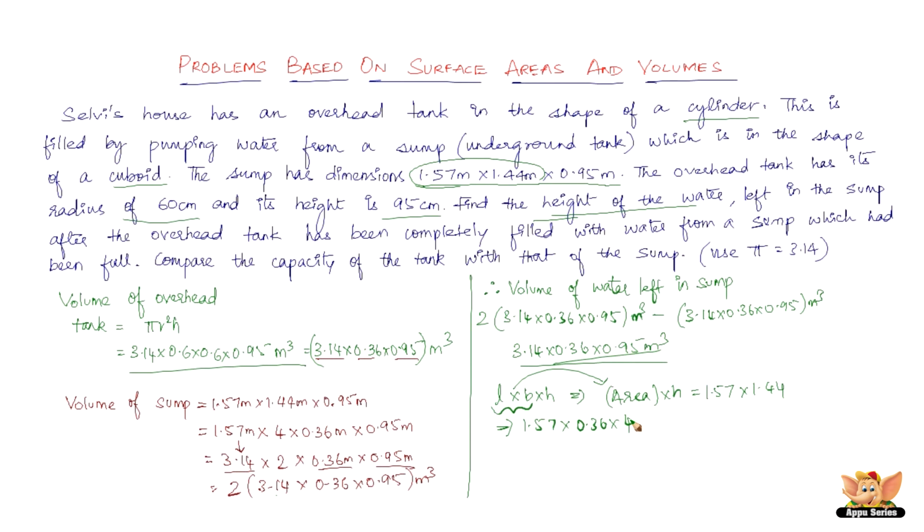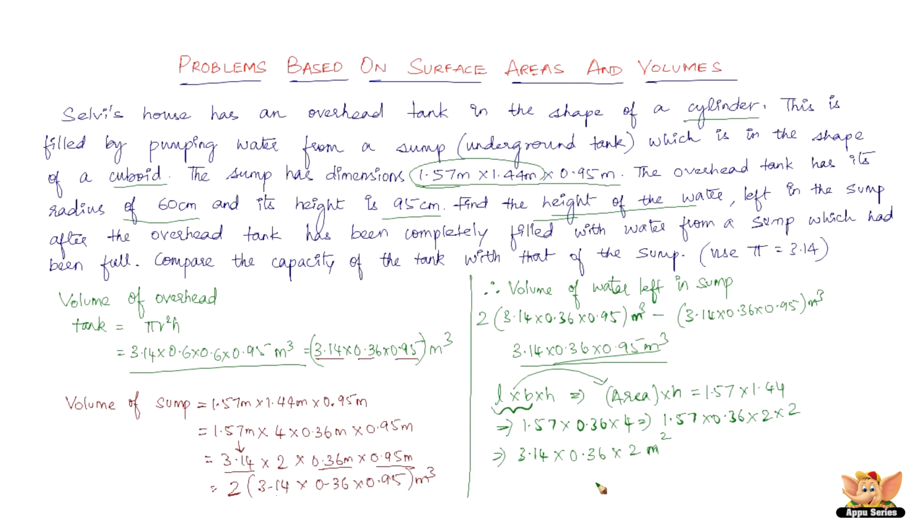And 4 can be split as 2 into 2. Then you take 1.57 and multiply it with 2 to get 3.14, and then you get 0.36 times 2. So this is the area, in meters squared.